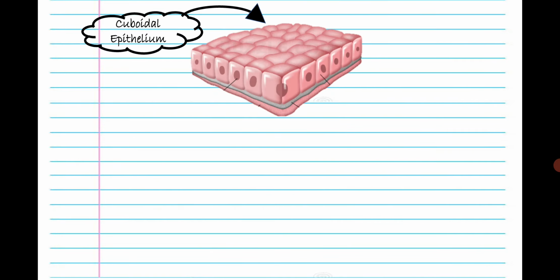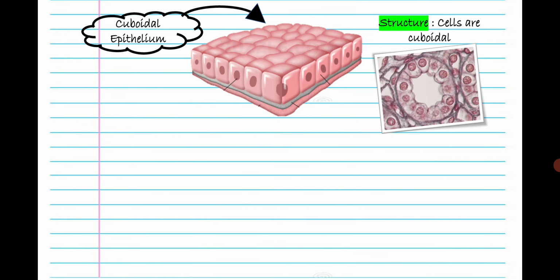Cuboidal epithelium tissue. If we see the structure of this tissue, what are they like? They are cube-like in structure and shape. So that's why they are known as cuboidal epithelium tissue. The cells are like a cube.